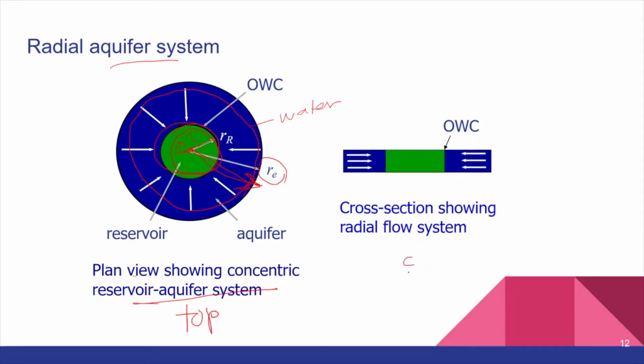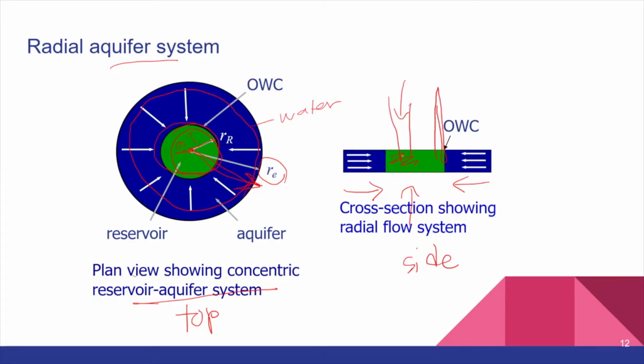So if you cut the cross section of the reservoir, you can see for a radial reservoir, your oil will be in the middle and the water will be flowing from both sides towards your reservoir. And this will be your oil well. So you can drill like that.